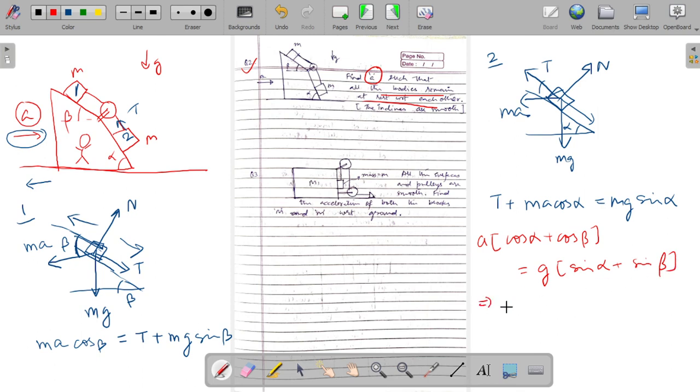So this implies acceleration is equal to g(sin alpha + sin beta) divided by (cos alpha + cos beta). So this is the value of acceleration which should be maintained for the wedge so that both the masses, m and m, do not slide over it.